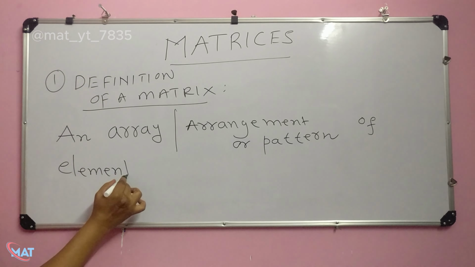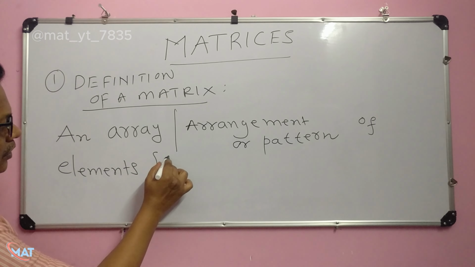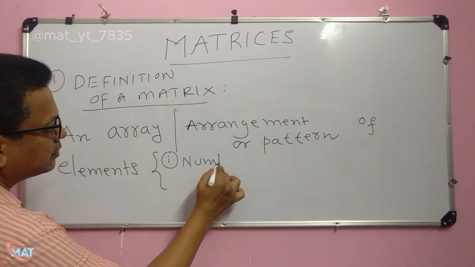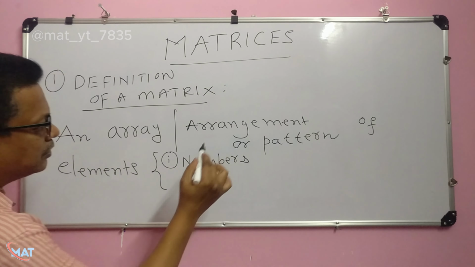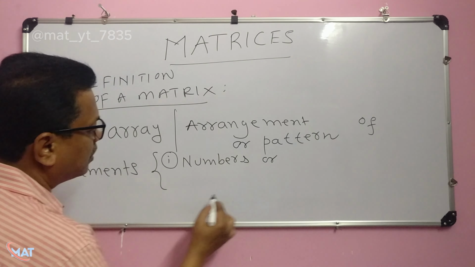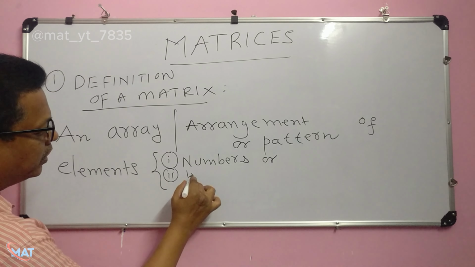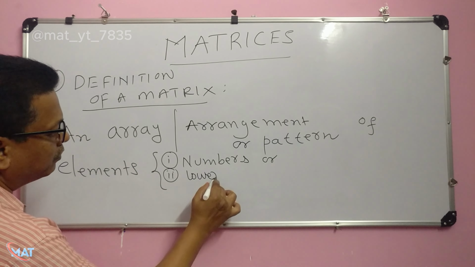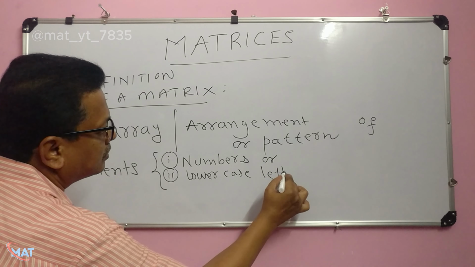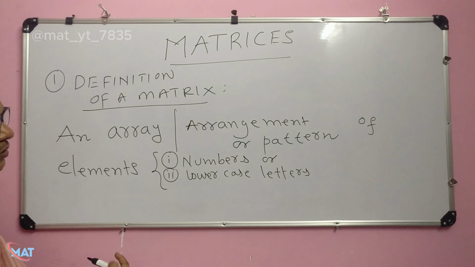Elements are of two types here. I am going to write them down in the flower bracket. First one, numbers. Elements can be numbers. Or number 2, lower case letters, that means small alphabets.